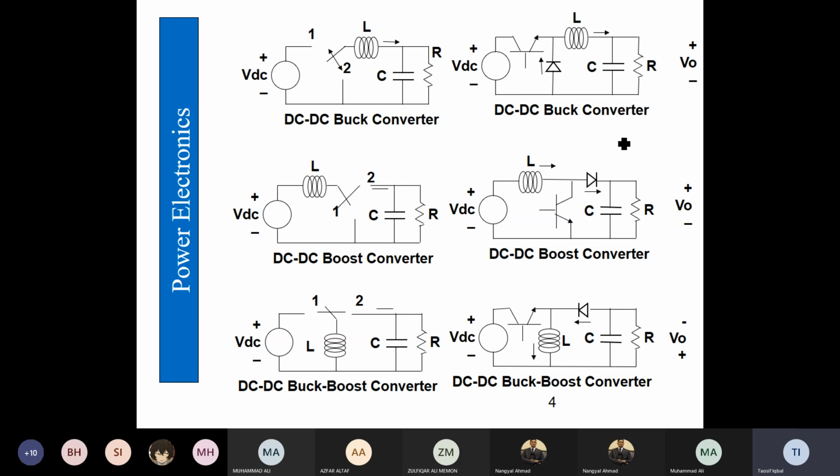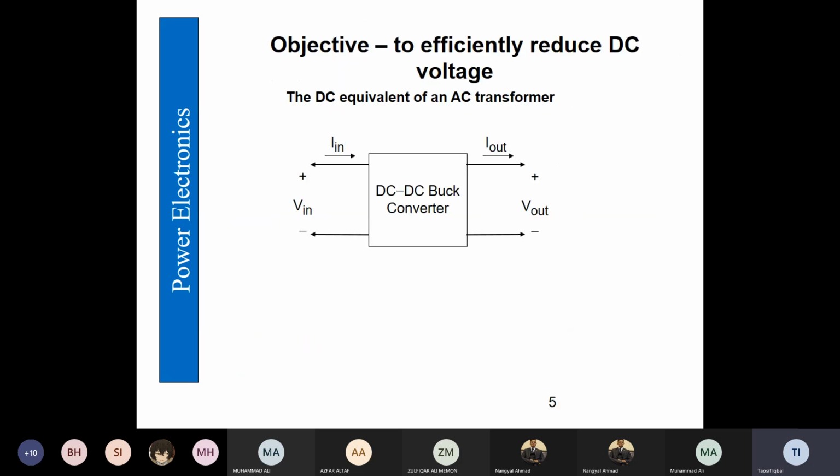And by changing these three components' locations, we can get different working of the power converter. So our objective is to step down the DC voltage, but efficiently. By efficiently, we mean that there is minimum power loss in DC to DC buck converter.